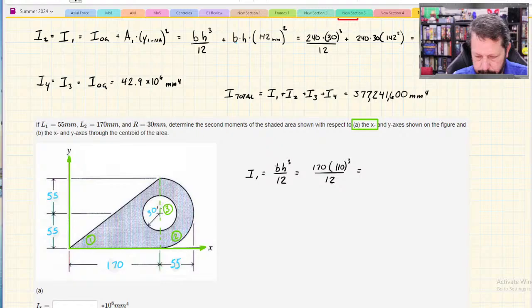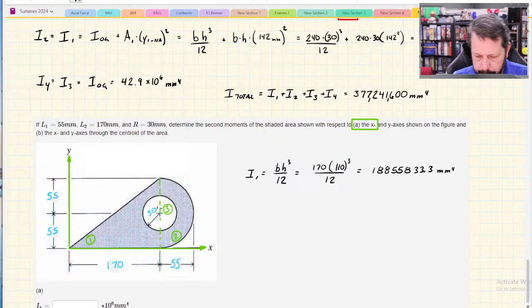And that bottom line of the triangle, this line, is already on my reference, the x-axis. It's already sitting on there, so I don't need to move it anywhere. So let's see what this number is. 110 cubed times 170 divided by 12 is 1885583.3. These were all millimeters, so millimeters to the fourth.